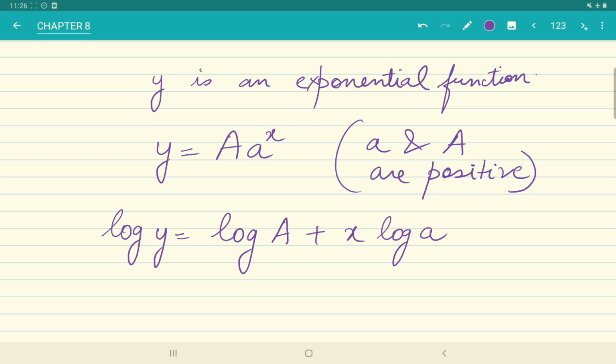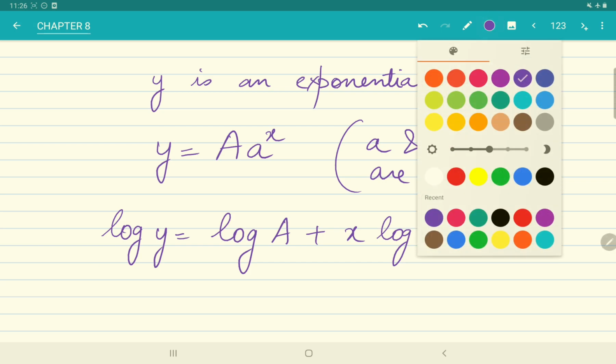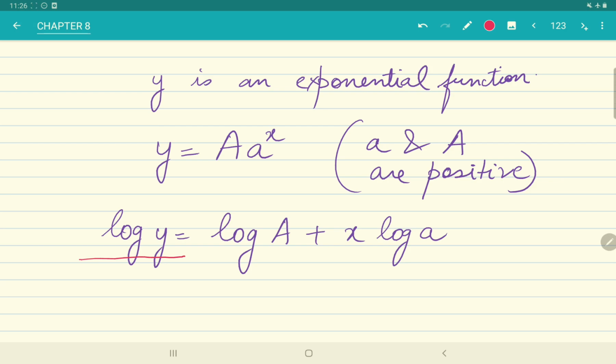Now in this case we see that log y is a linear function of x, and what I mean to say here is that if I have a coordinate system wherein we have x on the horizontal axis, a linear scale on the horizontal axis, and a log y scale along the vertical axis, that's going to give us a straight line, and the slope of that straight line will be log little a.